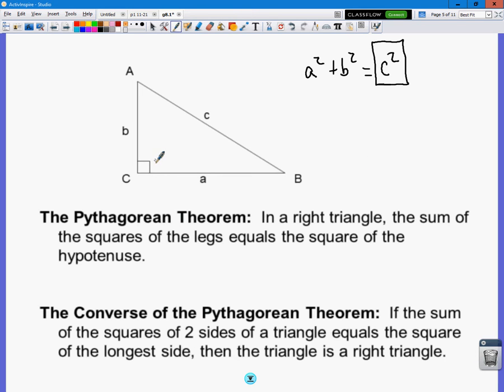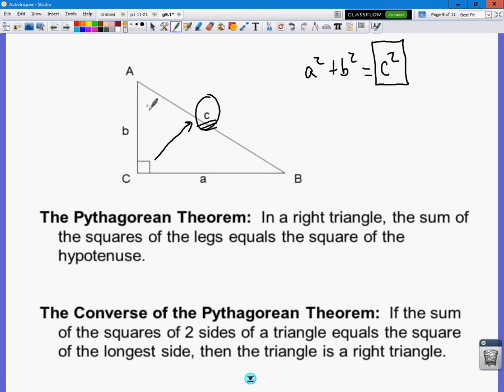The c side is always across from the 90-degree angle. This side you should always identify first. The hypotenuse. A and B don't really matter in their order because a squared plus b squared would be the same as b squared plus a squared. I'm just adding 2 numbers together.